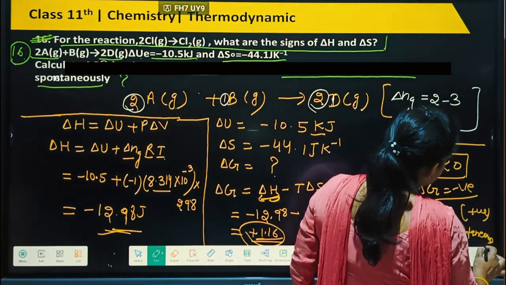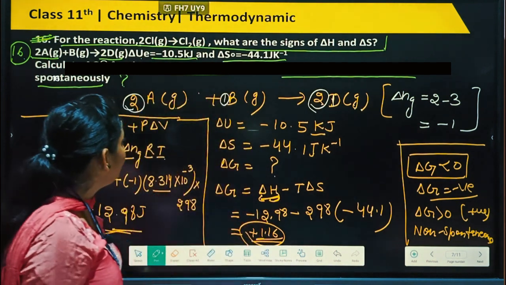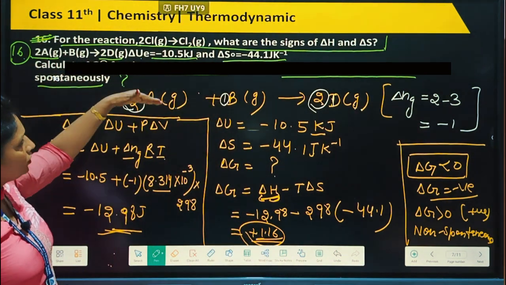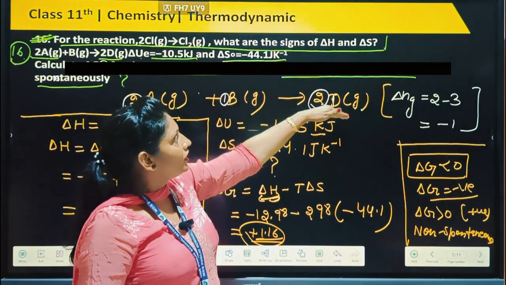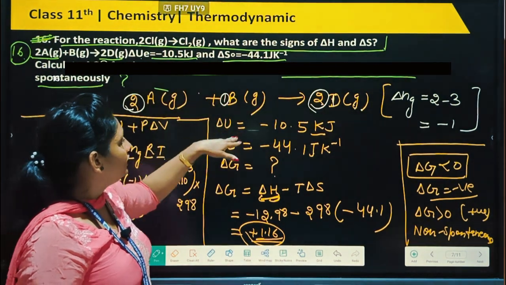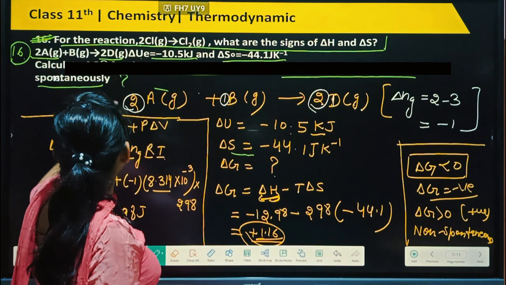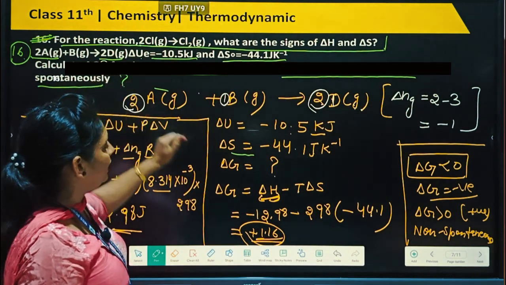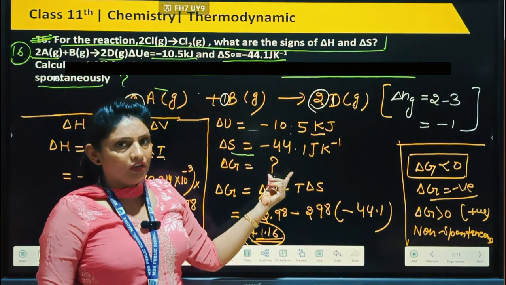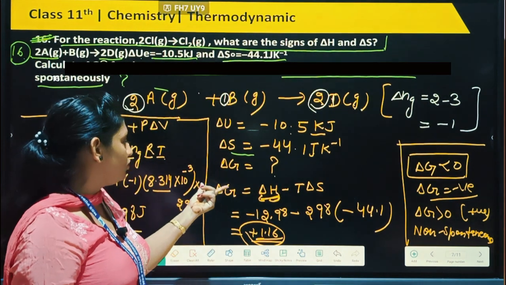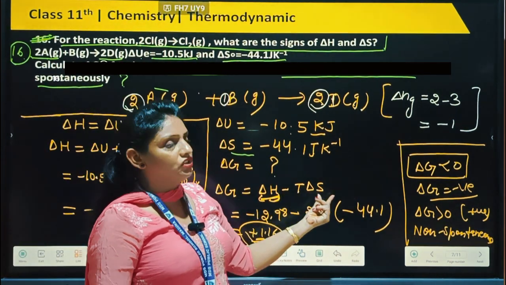So students, our question was, a reaction was given to us. Del U value is given, del S value is given. We need to find the value of del G. You know very well how we can calculate by using this formula: del G is equal to del H minus T del S.